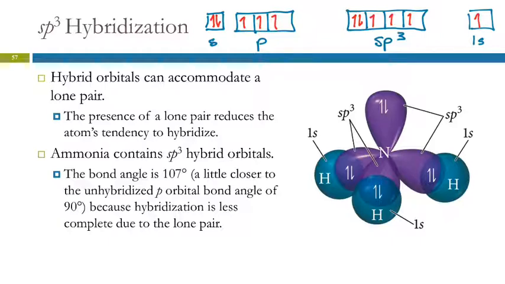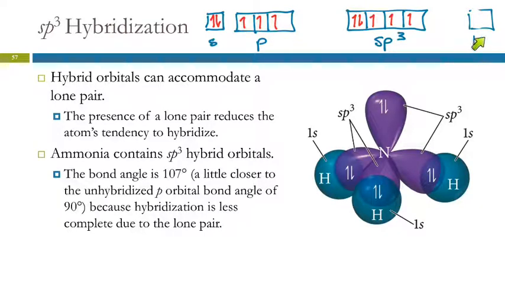Any questions? Yes? So if you have like NH4+, that means that the hybridized orbital has one less electron? Yeah, so what if you had NH4+? Well, the plus means that we're short an electron, right? And so the 4th hydrogen coming in would just have an empty box.